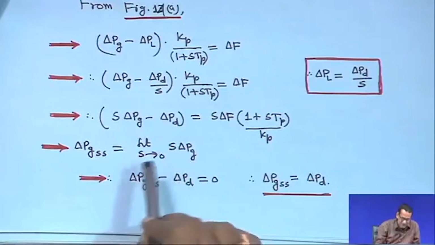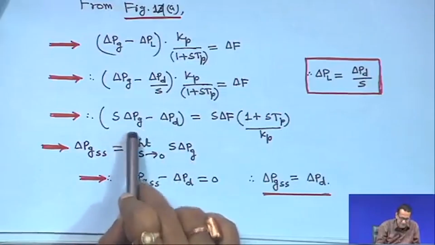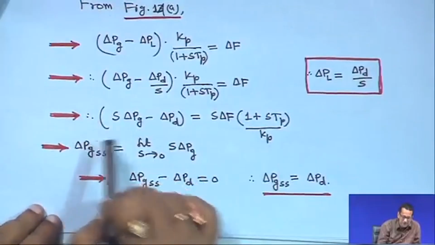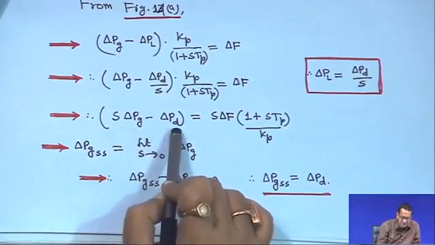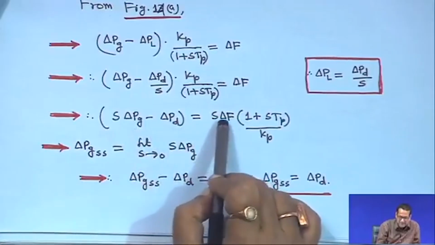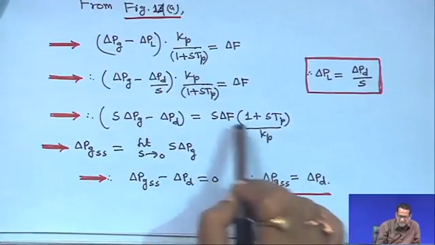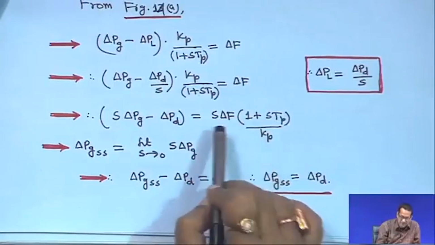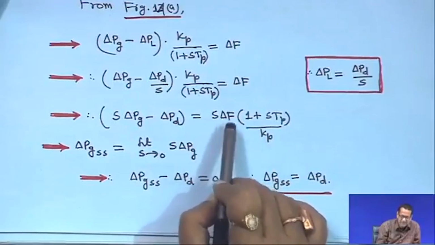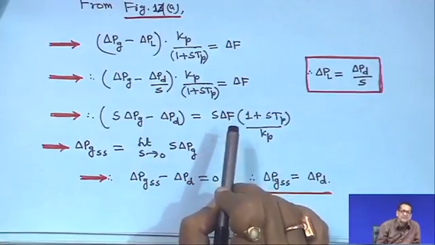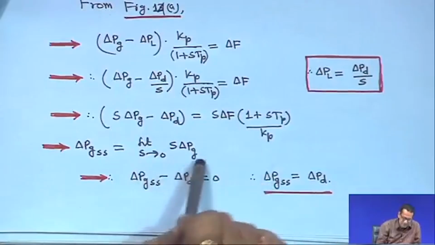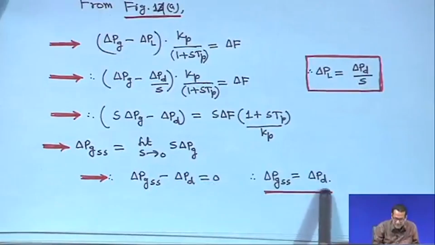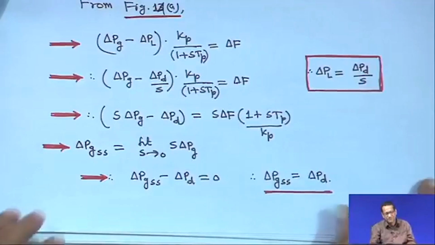If you take limit s tends to 0 on both sides, this will become delta PG SS minus delta PD is equal to s into delta F, where the term 1 plus sTp becomes 1, and Kp will be there. We have seen that limit s tends to 0 of s into delta F is delta F SS, and delta F SS is equal to 0 we have taken, right. That means delta PG SS minus delta PD is equal to 0. That means steady state delta PG SS will be delta PD, right.